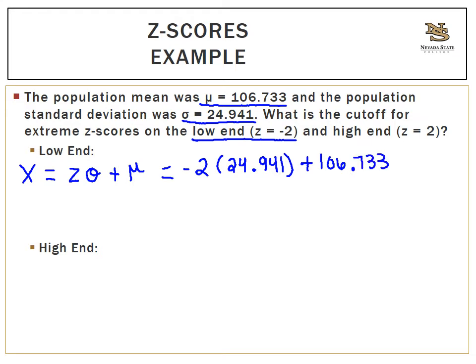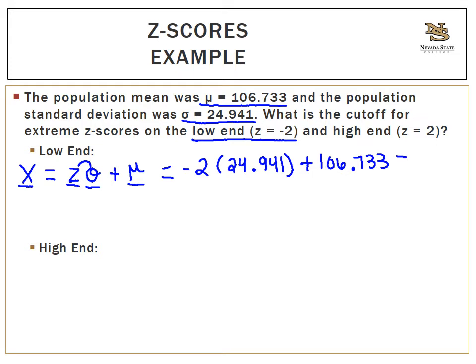Let's take a look at this. The z-score tells you how many standard deviations away your x value is from the mean. So by taking the z-score and multiplying it by the standard deviation, it tells you how many points away your score is from the mean. Then when you add that to the mean, you end up with the x value. Because we're working with a -2 here, we're going to end up with an x value that's below the mean, which is what we want because we're looking at the extreme low end.